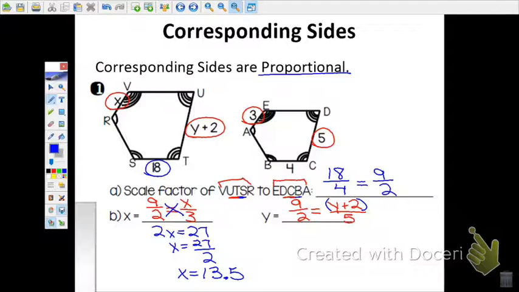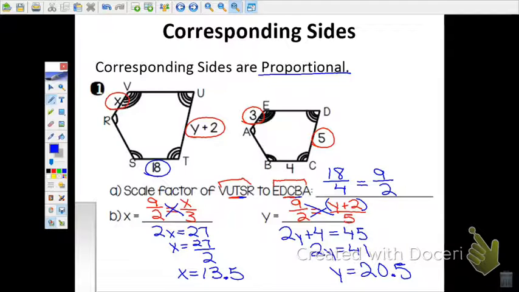When I cross multiply, I need to distribute 2 times y and 2 times 2, which is 4, equals 9 times 5 is 45. So I'm going to subtract 4. 2y equals 41. Divide by 2. So half of 41 is 20.5.